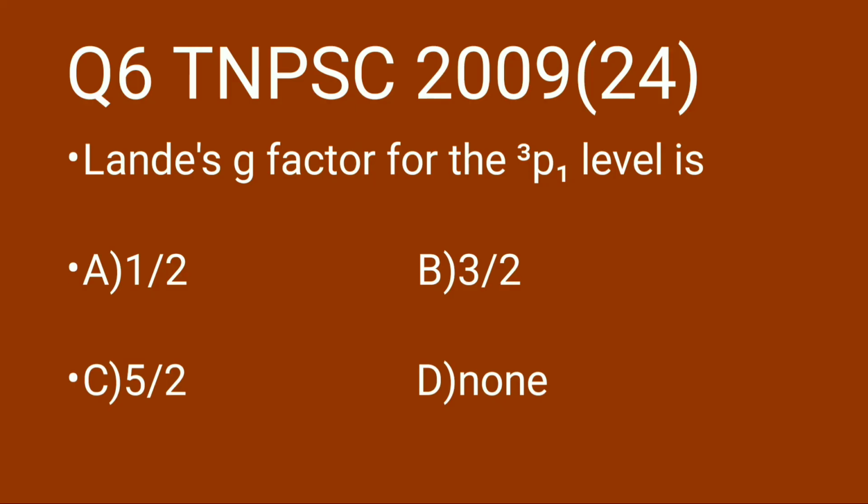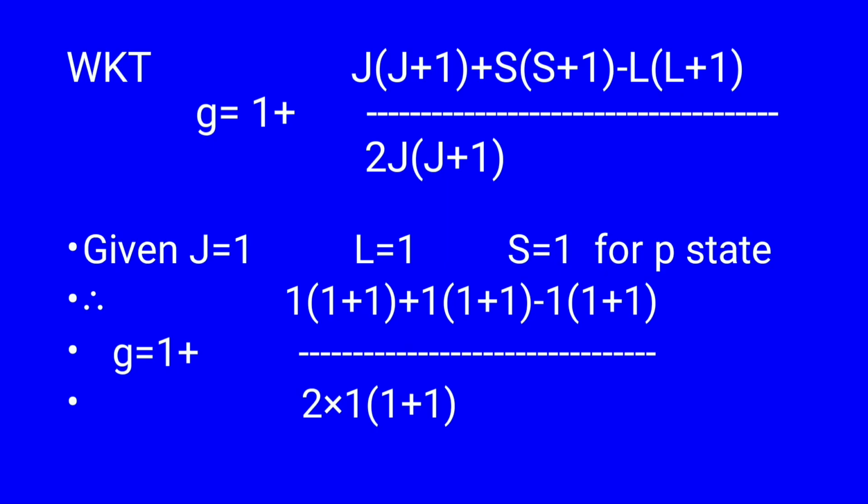Question number 6. Landé g factor for the 3P1 level is: option A 1 by 2, option B 3 by 2, C 5 by 2, D none. We know that Landé g factor g equal to 1 plus J into J plus 1 plus S into S plus 1 minus L into L plus 1 divided by 2 into J plus 1.